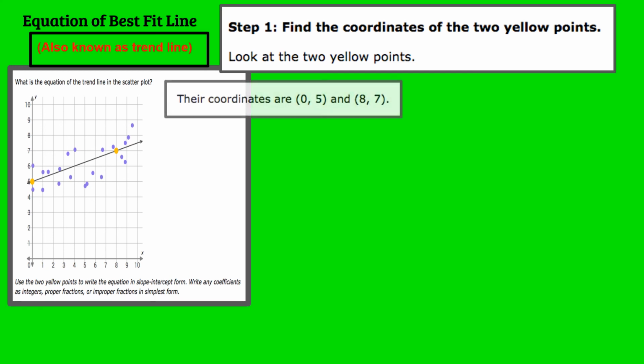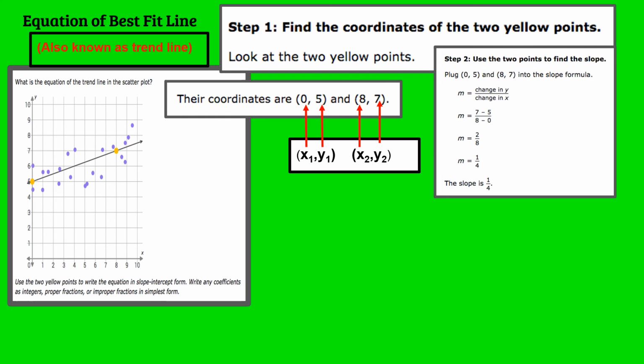We see that the 2 points that meet at the intersection of the horizontal and vertical x and y lines are (0, 5) and (8, 7). So we will identify them as x sub 1 being 0, y sub 1 is 5, x sub 2 is 8, y sub 2 is 7.